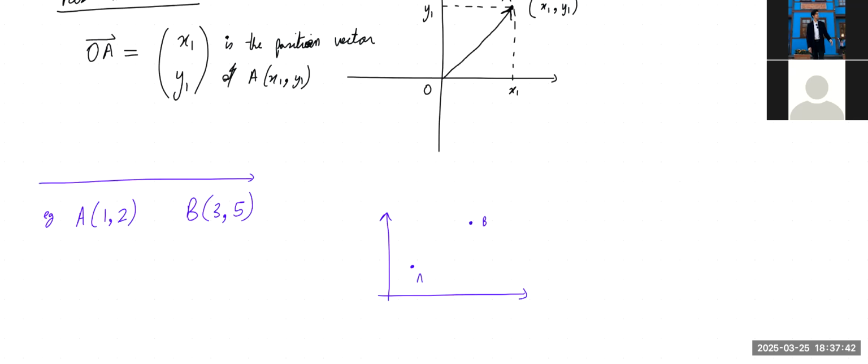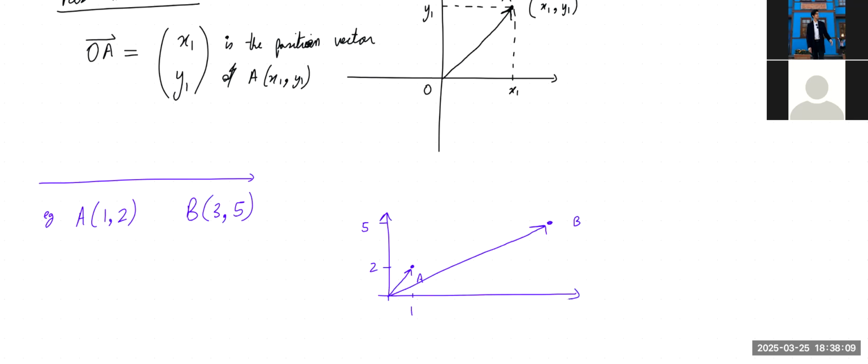This is 1, this is 2, and this is 3, this is 5. Now, we can obviously find out what the position vectors of both of these are. So we can obviously show what their position vectors look like. These are the position vectors that I just drew.